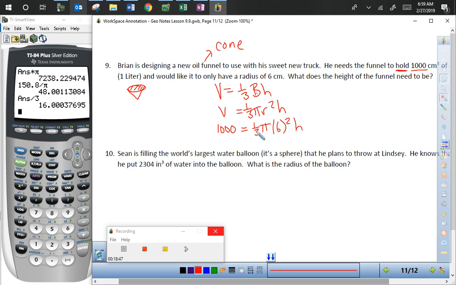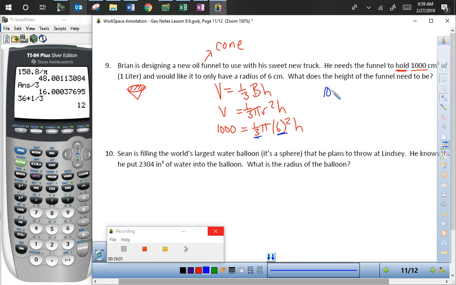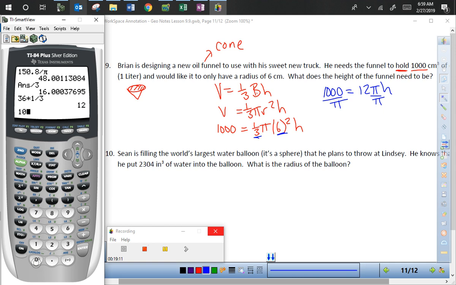So over here we can multiply our numbers that look like numbers together. That's our 1/3 and our 6 squared. We know 6 squared is 36, so we're timesing that by 1/3, and that gives us 12. So 1,000 equals 12 pi h. Then we want to get rid of this pi, so 1,000 divided by pi.